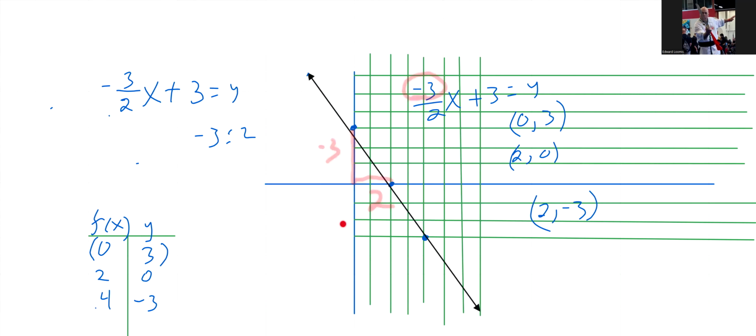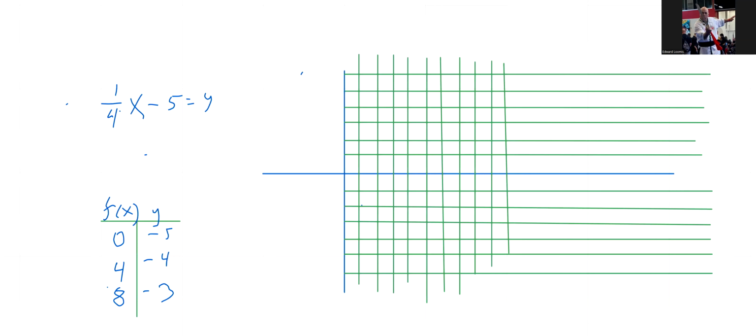Let's look at another one. Okay, so this next one, I've got 1/4 x minus 5 is y. I see that the number in front of the x is a positive 1/4, so I expect the slope to be positive and go up. I'm going to start at the point of origin.